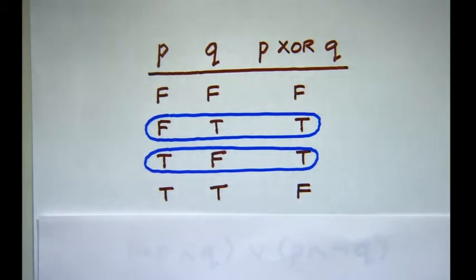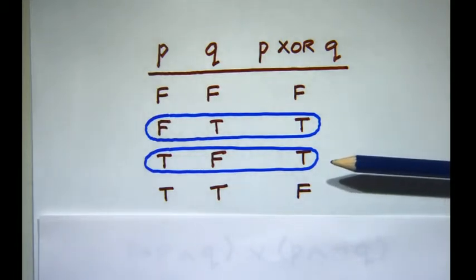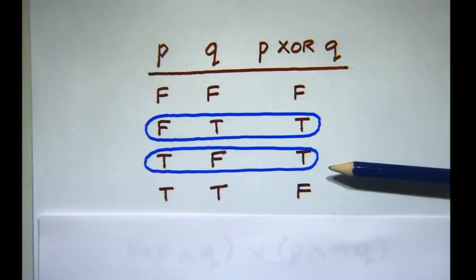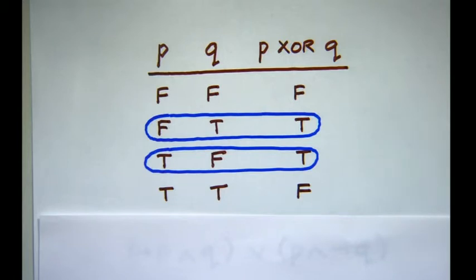So we could say, when we get true is exactly when we're in one of these two rows. So if we're in this row, or, notice the word, we're in this row, then we'll get true out of this table, otherwise we won't. Well, I said we're in this row. That's a bit vague, that's not very mathematical.